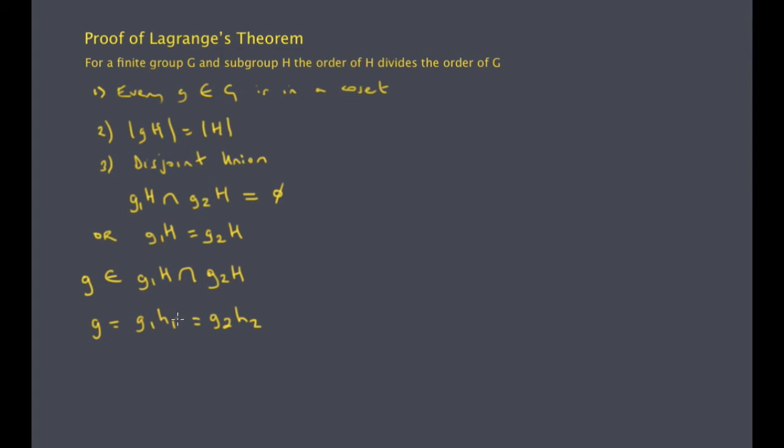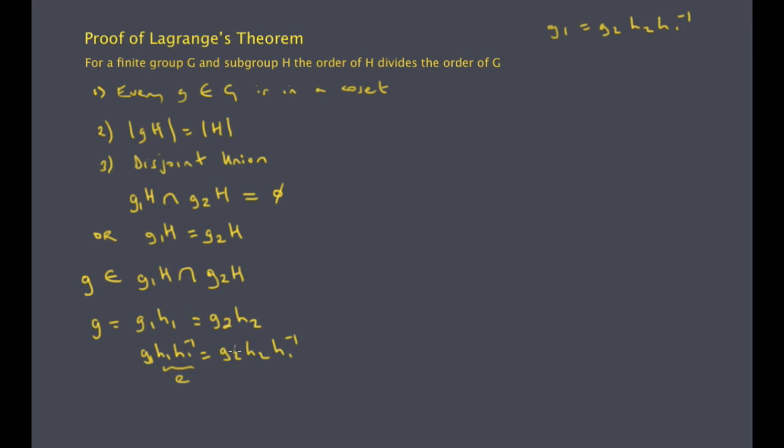So now we can multiply on the right by h1 inverse, so let's do that. g1 h1 inverse equals g2 h2 h1 inverse. h1 h1 inverse is e, and just moving up here, we're left with g1 equals g2 h2 h1 inverse.